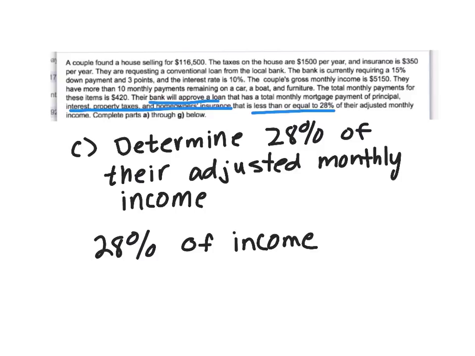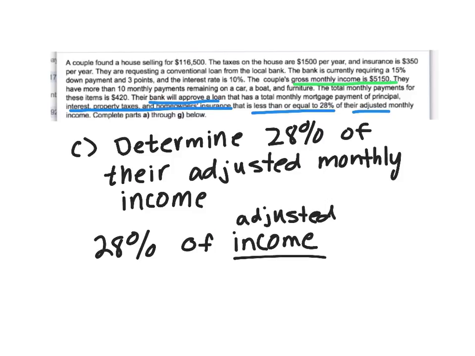And so we've got to figure out what their income is, right? And it's important to note here that it says they're adjusted. I should have included that. Okay, their adjusted income, because it does give you here a gross monthly income. Now that gross monthly income is their income before you account for all the other things that they have for expenses.